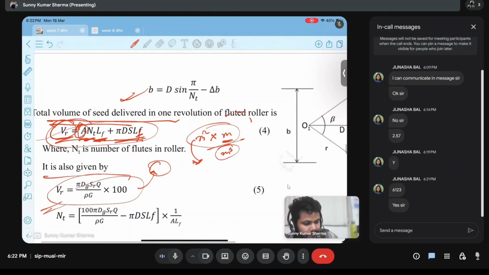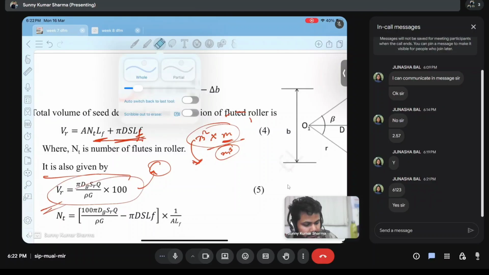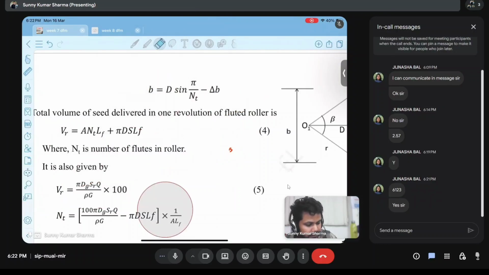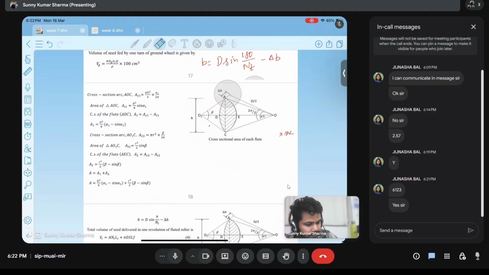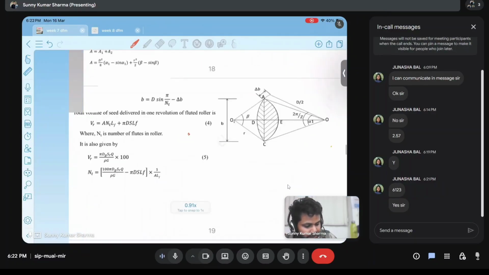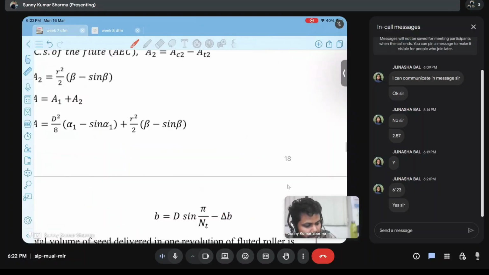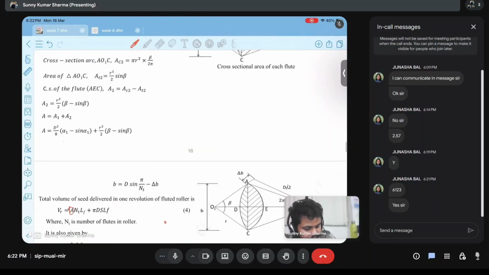For this area, we need to have these equations, one slide one and slide two.